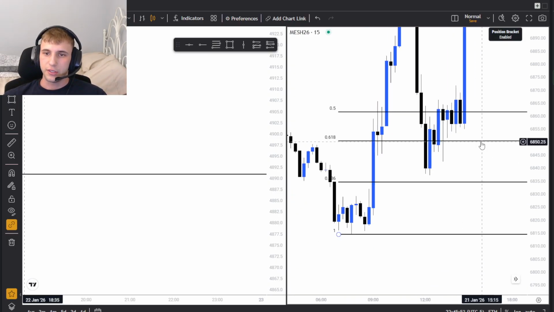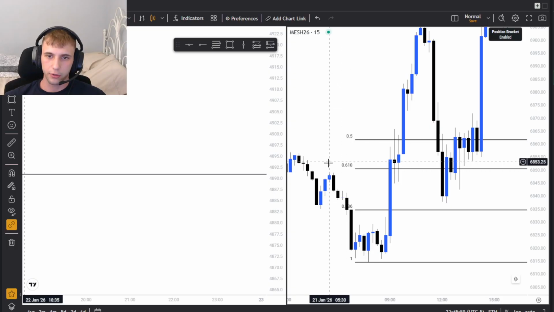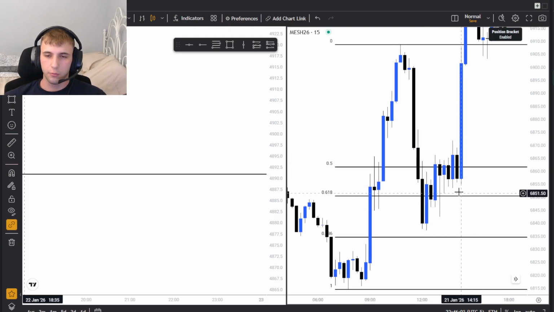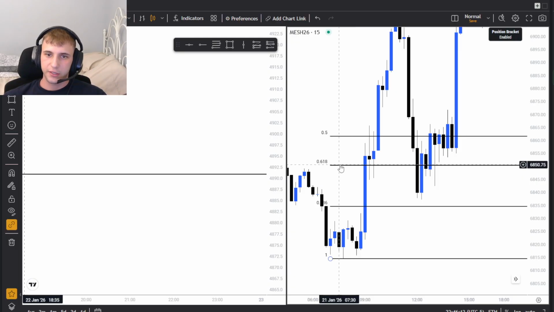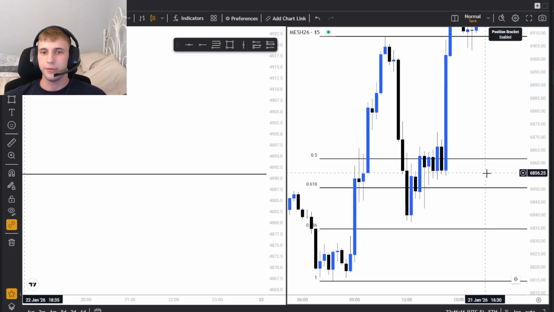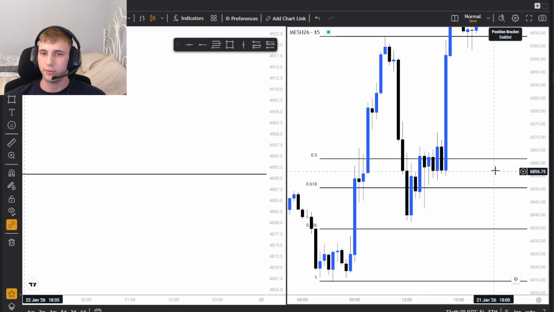Now, how can we use this as an entry, right? Well, we're going to look at not only equilibrium, but also the 0.618. And the 0.618, you can kind of use it together with equilibrium. This is what's called the golden pocket, right? This is a very good point to buy in at.